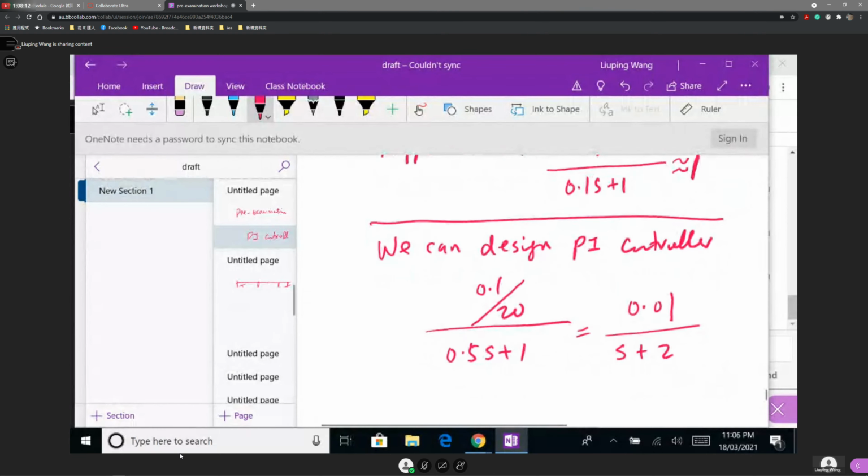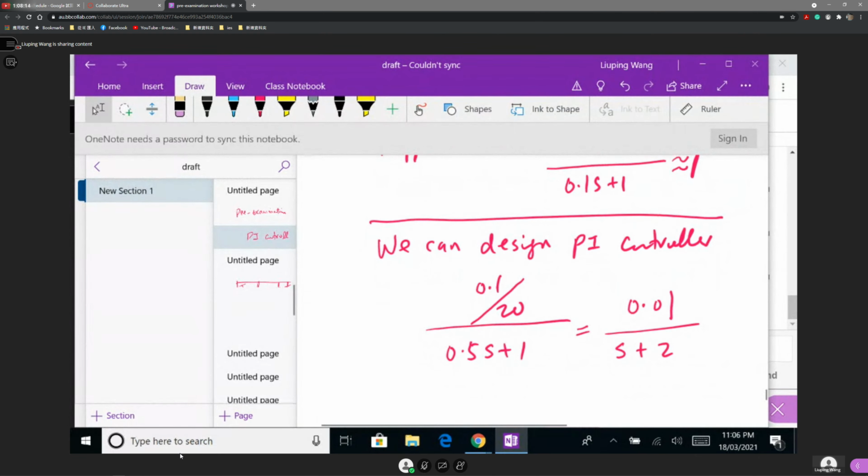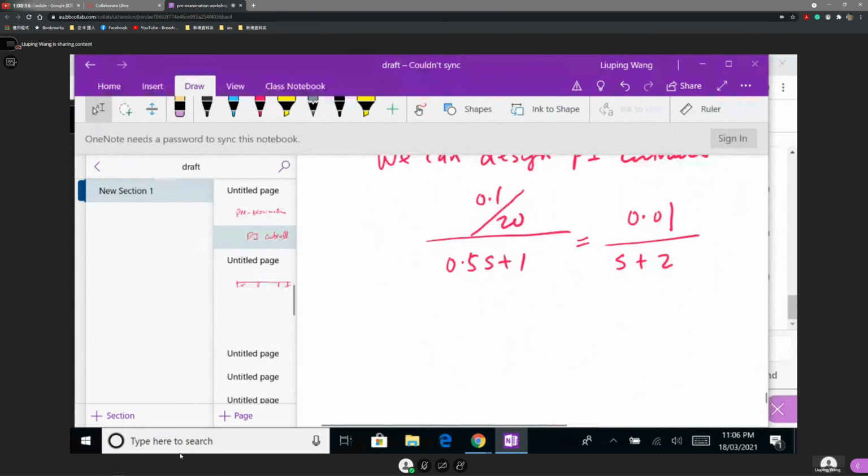Okay, like that. So the PI controller, then we can find it, right? So we do exactly the same thing. So you're going to have s plus 2, right? Plus 0.01 (C1 s plus C0), right?